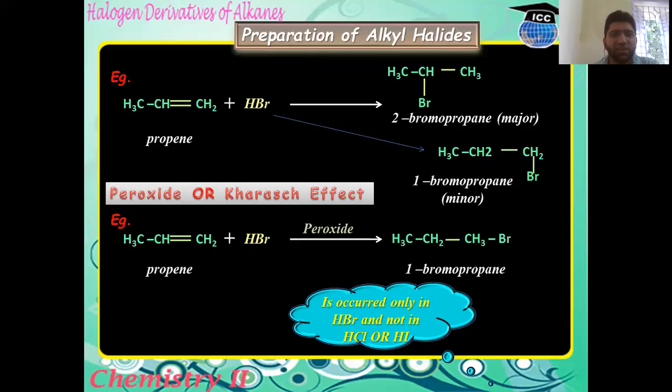Now, this Markovnikov's rule is also opposed by peroxides. If the same reaction takes place in the presence of peroxide, like benzoyl peroxide or some other peroxide, the reaction will be opposite to Markovnikov's rule, which is known as anti-Markovnikov's rule.